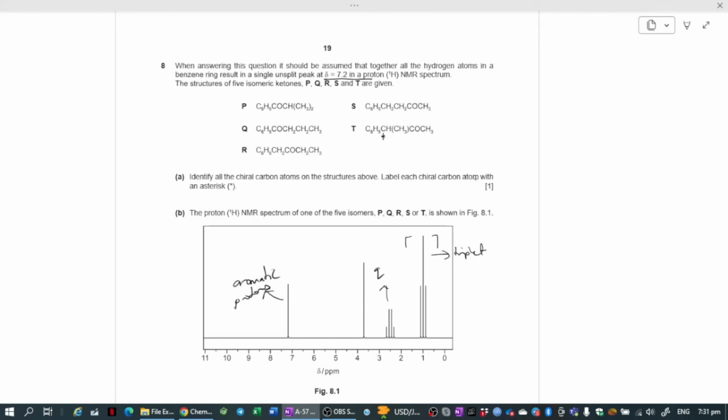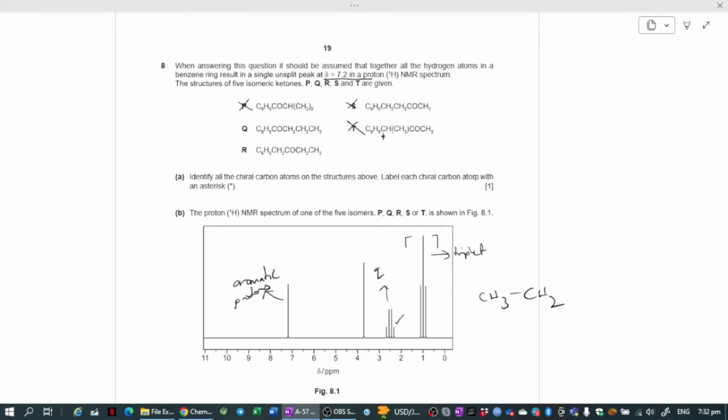So the quartet and the triplet implies CH3 CH2. So this CH2 would give rise to the quartet because we have 3 + 1, 4, and then this CH3 gives rise to the triplet because we have 2 + 1, 3. So CH3, CH2. It rules out P, it rules out S, and it rules out T.